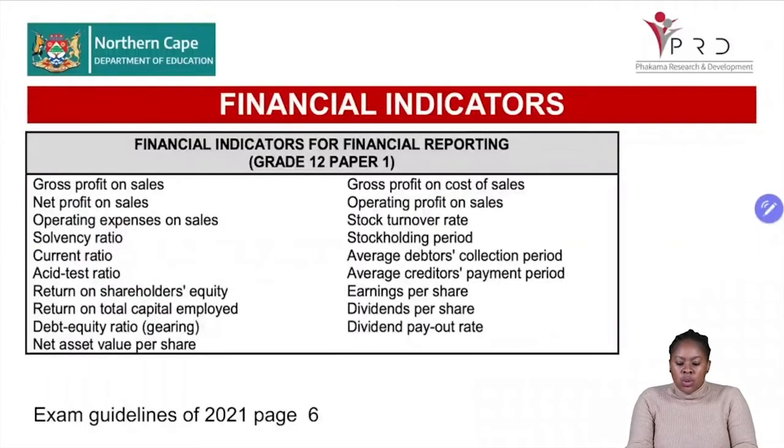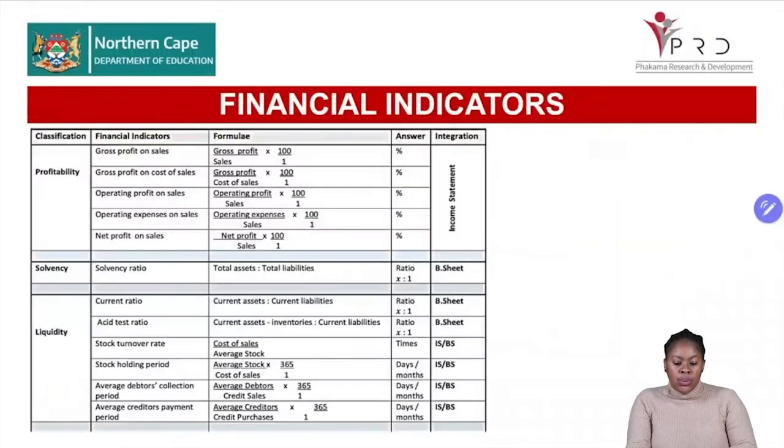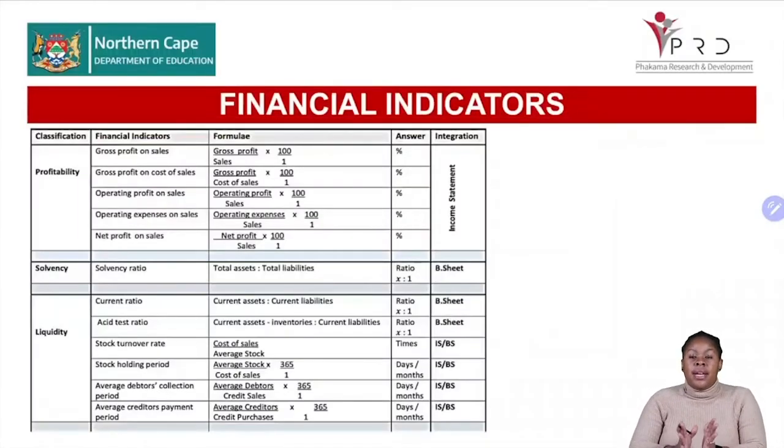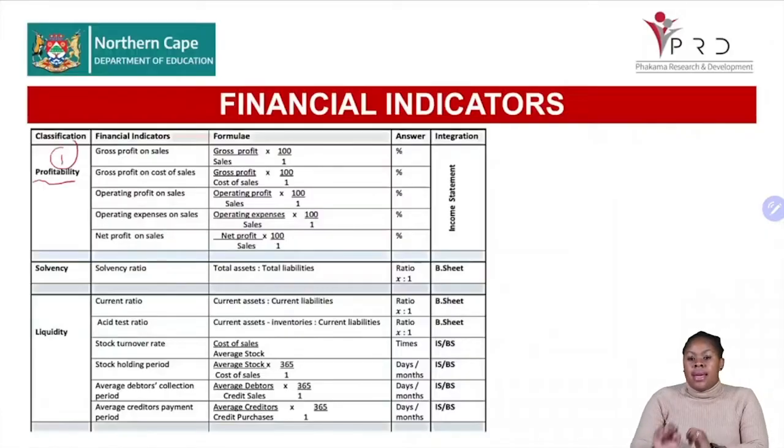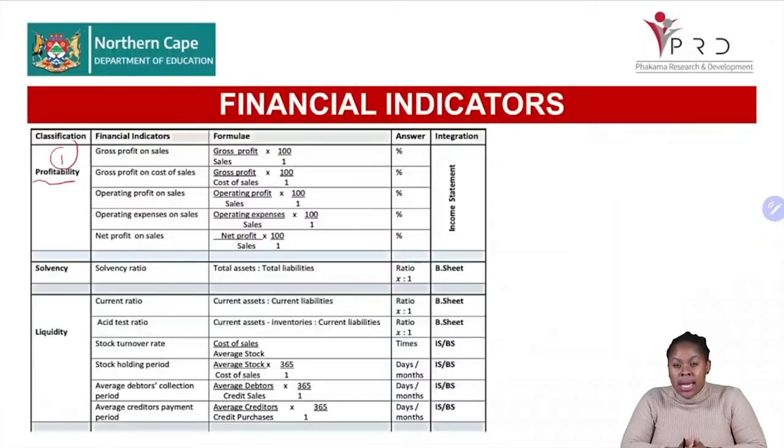So these are the financial indicators that you will be tested on in your paper 1. So let's quickly look. We said that the financial indicators are divided into different groups. We said we've got the profitability group. That is group number 1. That is where we are dealing with percentages, and we are getting this information from our statement of comprehensive income.